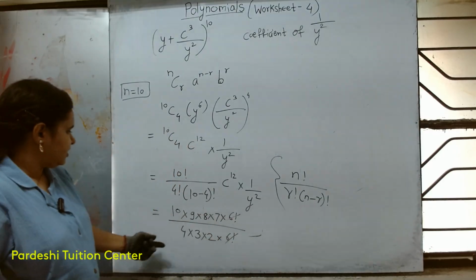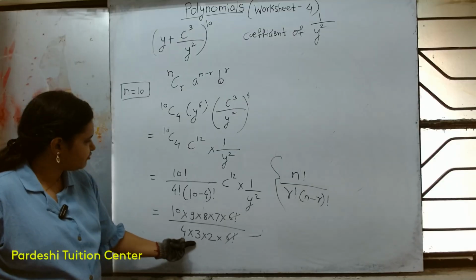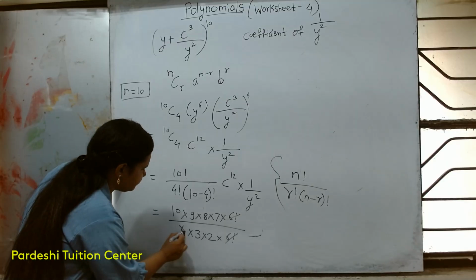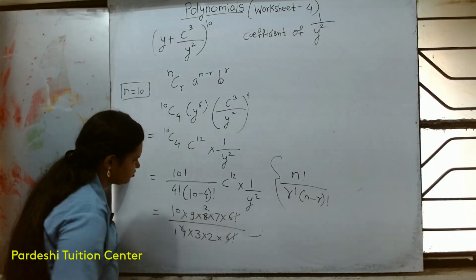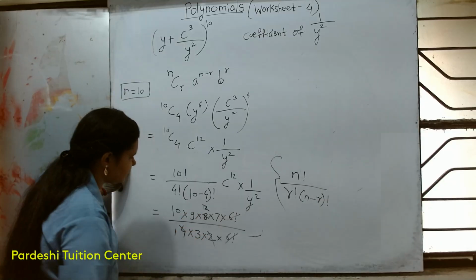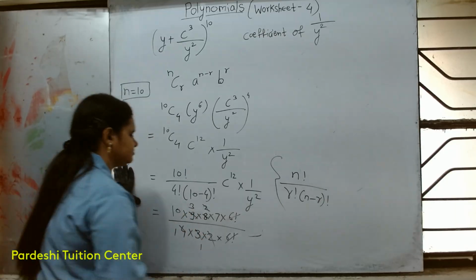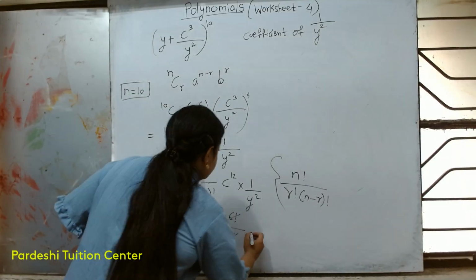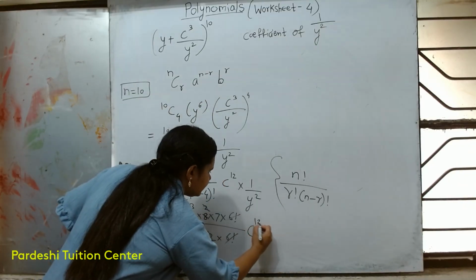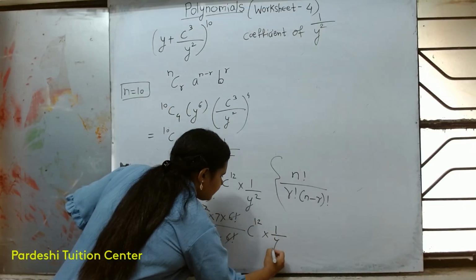Now let us check what is dividing. 4 1s are 4, 4 2s are 8, again 2 and 2 will get cancelled, 3 1s are 3, 3 3s are 9, into c to the power 12 into 1 upon y square.